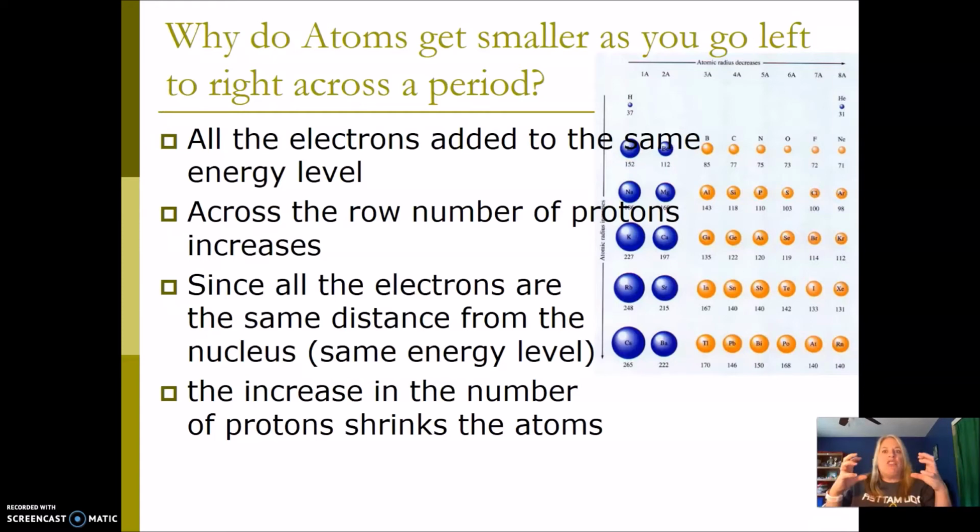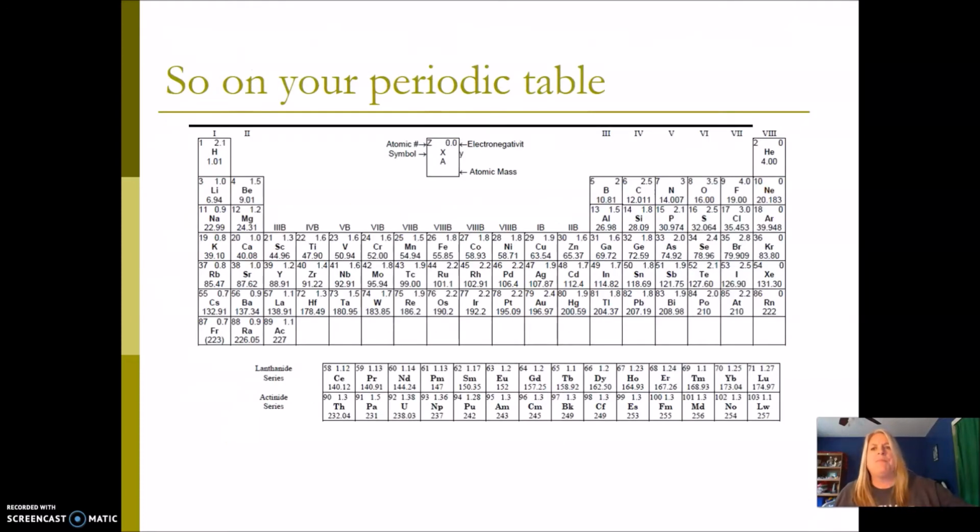The more we add, the stronger the pull by those positive protons. So the more positive charge we add to the nucleus, the more they pull the electrons in when I'm in the same row. When I go down a row, now I have another shell, so I have the electrons farther away. But as I go across, they get sucked in. So that's one you're going to have to try to remember, that as you go to the right, they get smaller, because it seems counterintuitive.